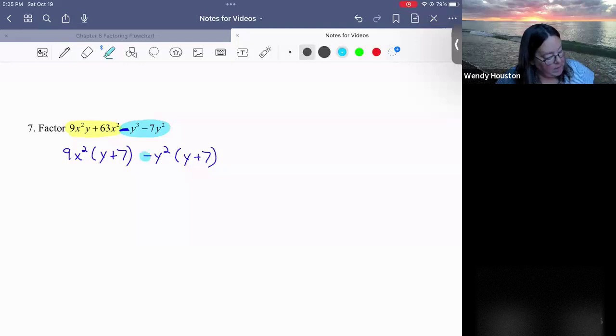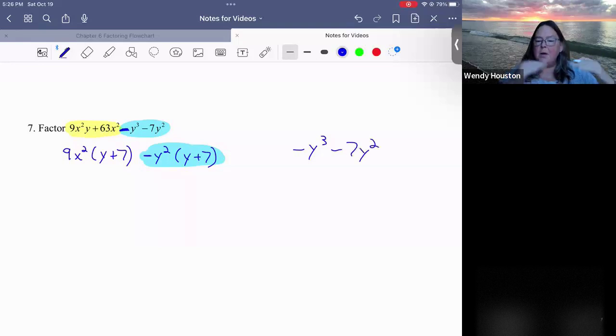So this can be kind of a tricky factoring. Sometimes I just do a quick mental check of just what's in light blue there. That minus y squared times y gives me minus y cubed, but then minus y squared times plus 7 gives me minus 7y squared. So even in the middle, I can check that I'm on the right path by doing that breakdown.